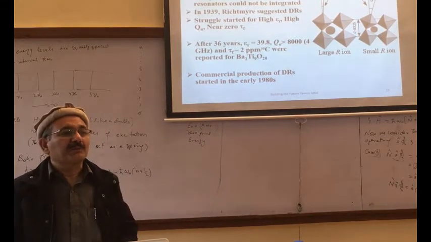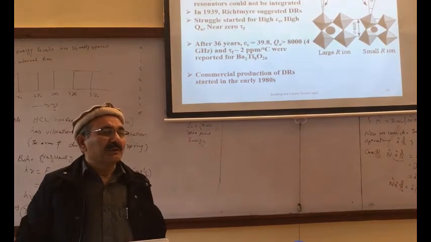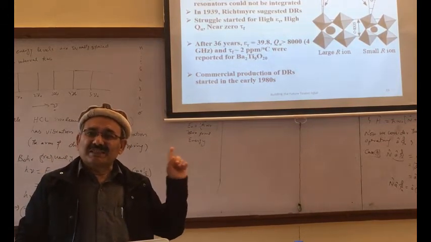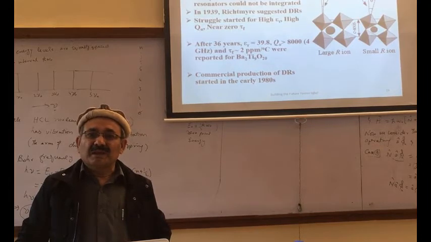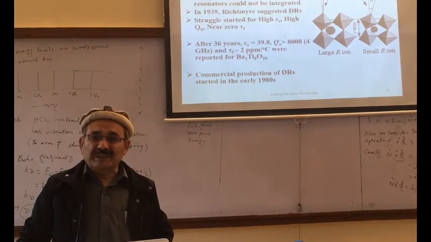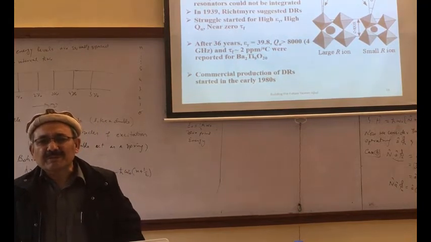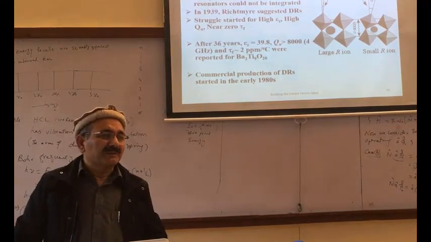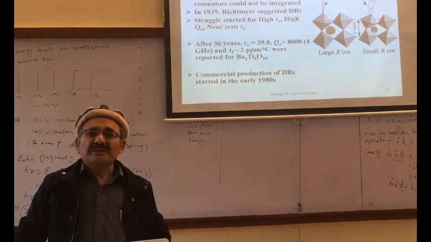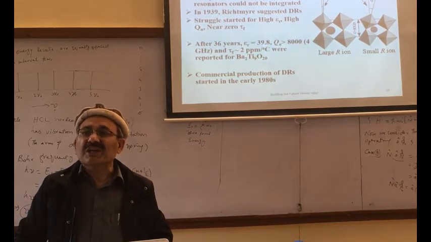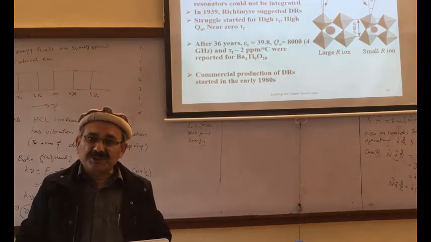All the people around the world started work to get this set of properties for various materials. Some materials exhibited excellent properties, but they were not stable. The sample was not strong enough to withstand its use.